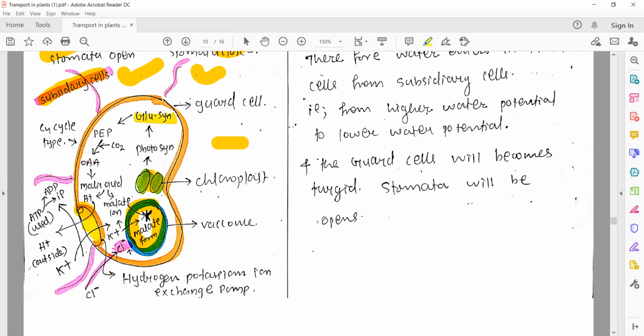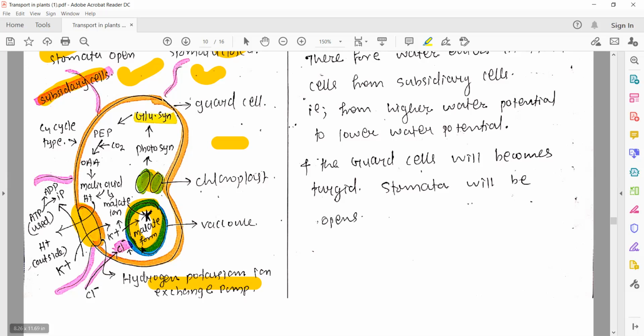Also the guard cells have one more kind of channel-like opening, called the hydrogen potassium ion channel. I'm repeating again, the stomata guard cells have the vacuole, the chloroplast, and one more opening, normally called the hydrogen potassium channel.